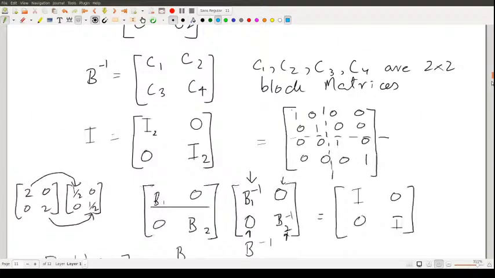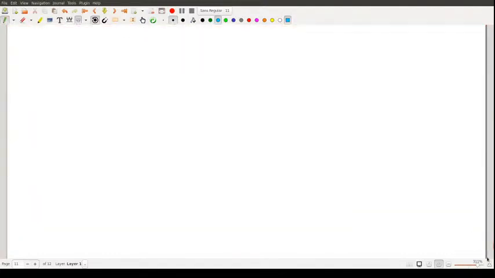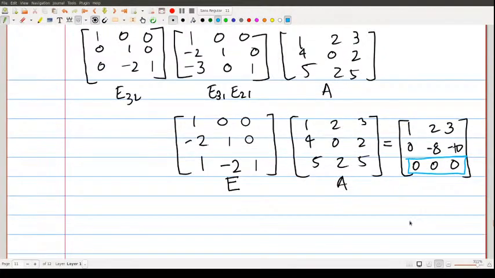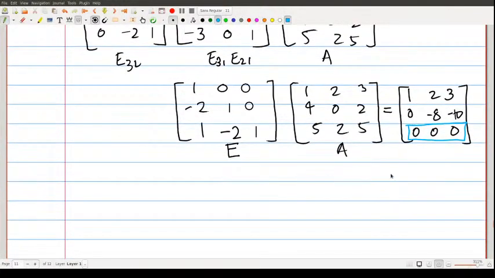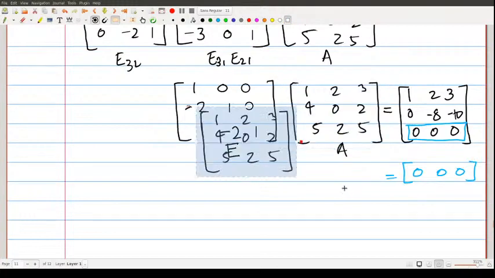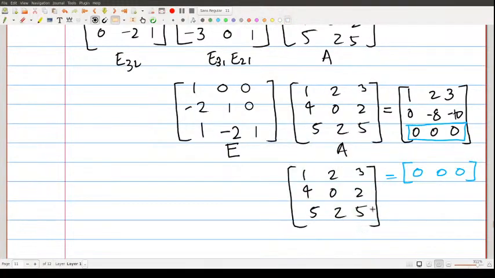So which means I can see that this third row, 0, 0, 0, can be built by taking this A matrix as it is and multiplying it with the third row of E, which is 1, minus 2, 1.